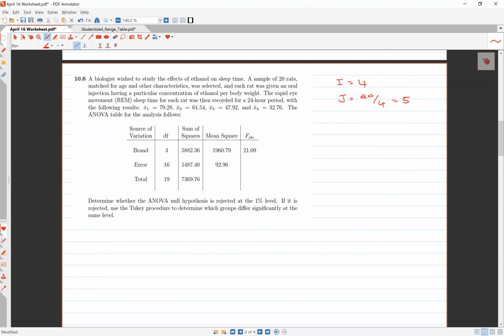So first thing we want to do is evaluate whether or not we're going to reject our null hypothesis. To do that, we need the p-value. And that's going to be 1 minus the FCDF.